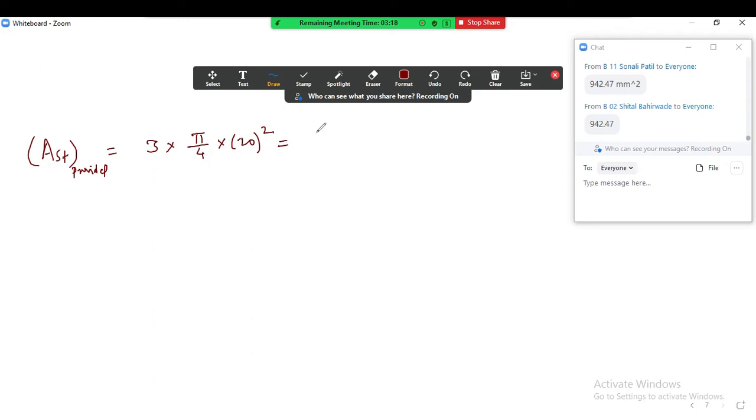So this value works out to be 942.47 mm square. And so next is our bending moment.